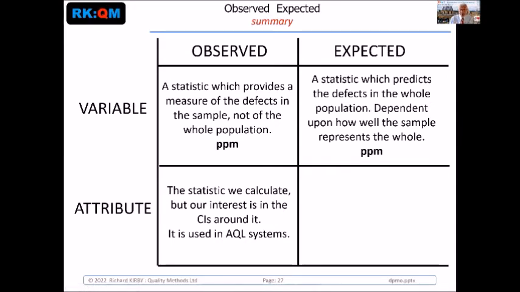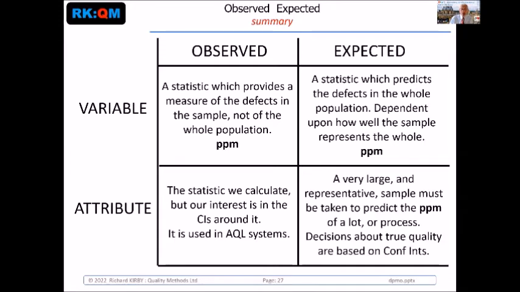But as always, the confidence we have in the result is dependent upon how well the sample represents the whole. For attribute data, we need to take a very large and representative sample. Then we use the confidence intervals to understand if the true ppm could be less than the contract or some other product.